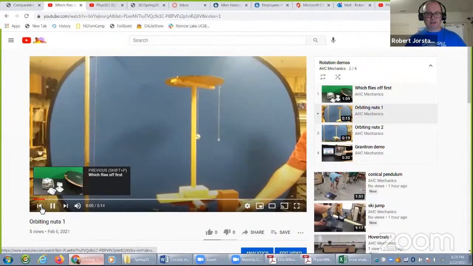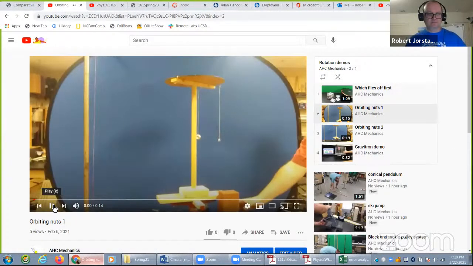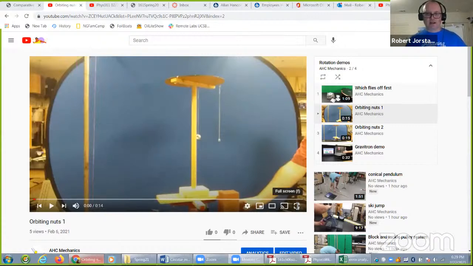Okay, so same thing here. Oh, whoops, sorry. So again, it's kind of hard to see here, but there's a string wrapped around this axle that's coming up here and over this, and then there's going to be a hanging mass that falls down. And that's what's going to cause this to gradually accelerate. Now I'm playing this at quarter speed. Let's just get into it and watch it and see that there's no lie here.